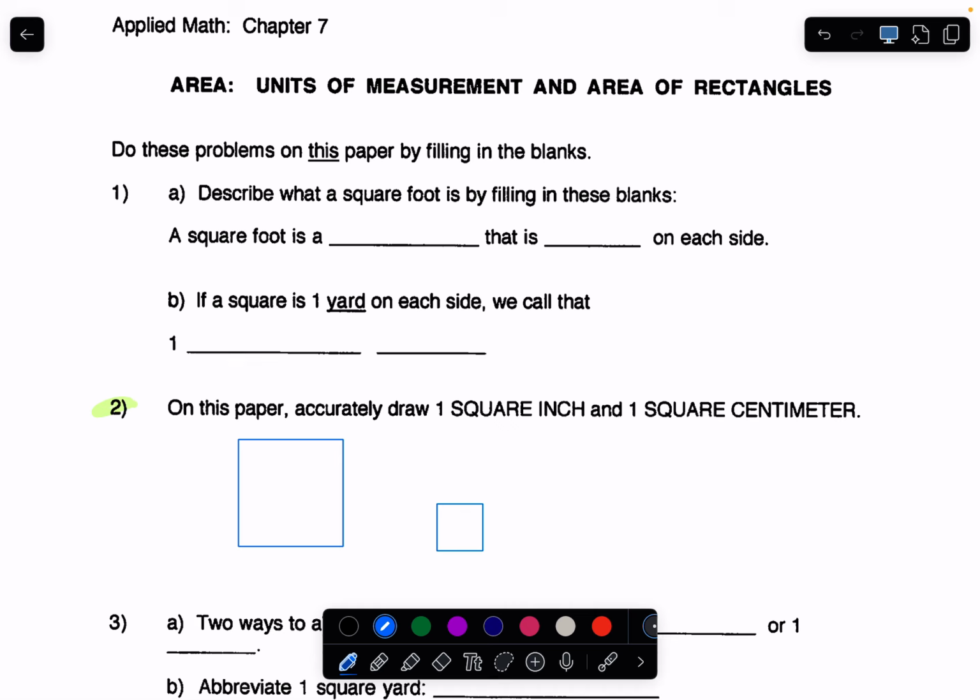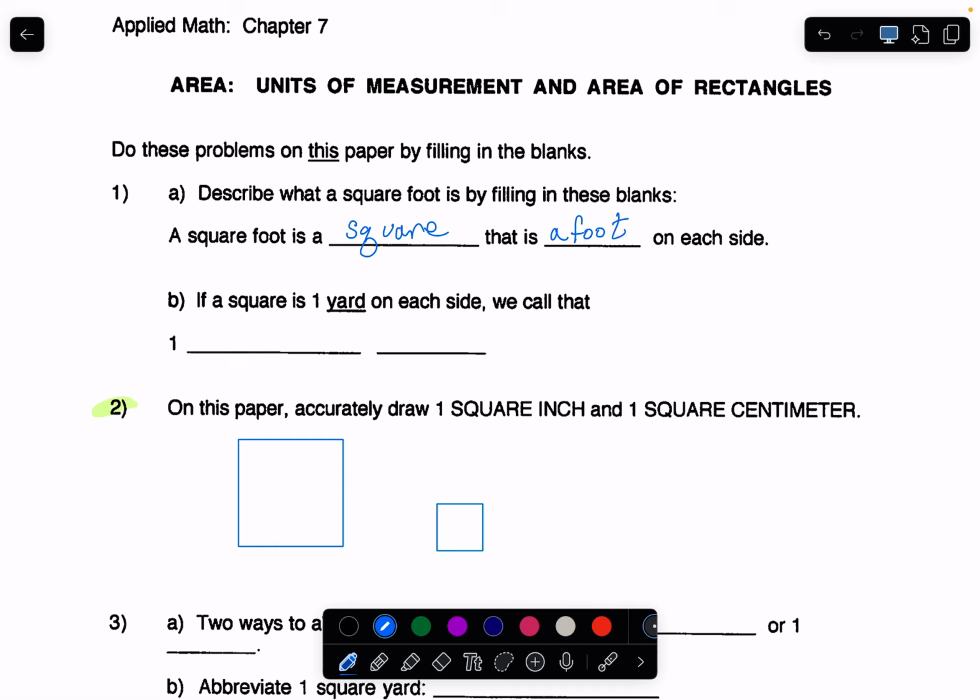Now that we've drawn that, so we have that as reference, let's go ahead and start up with number 1. It says, describe what a square foot is by filling in these blanks. A square foot is a square that is a foot on each side.